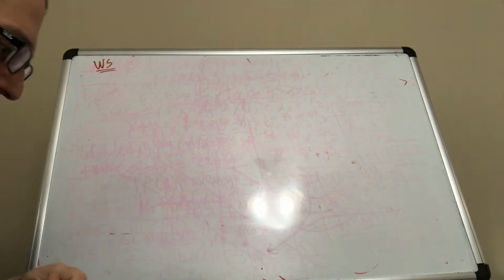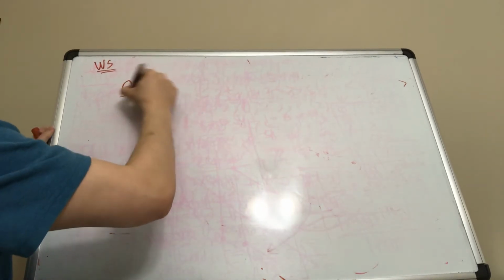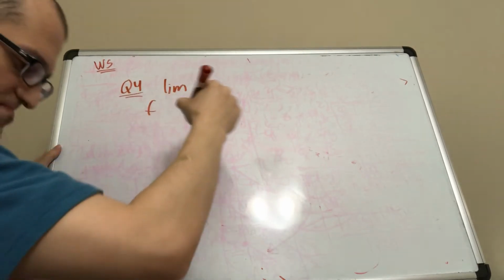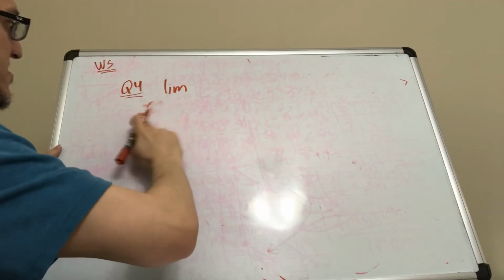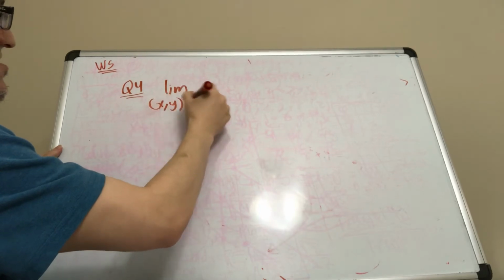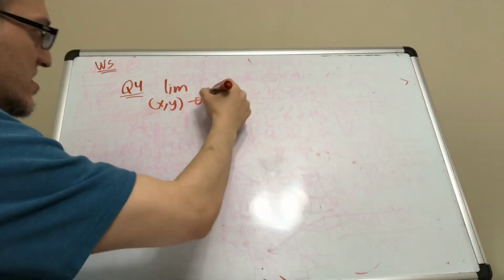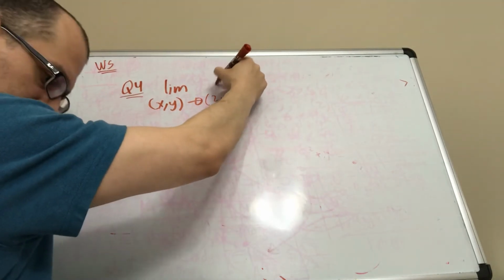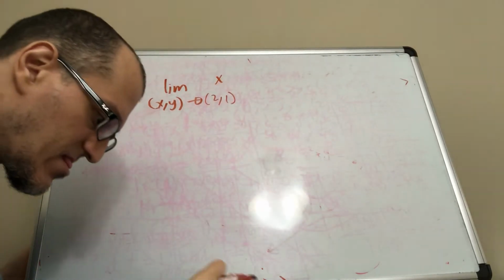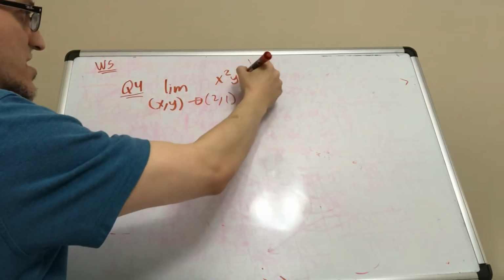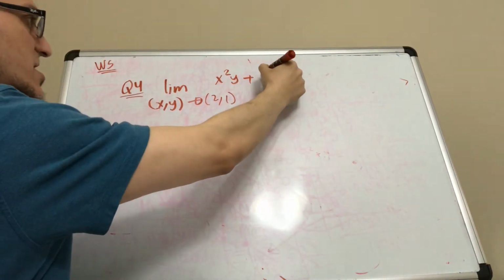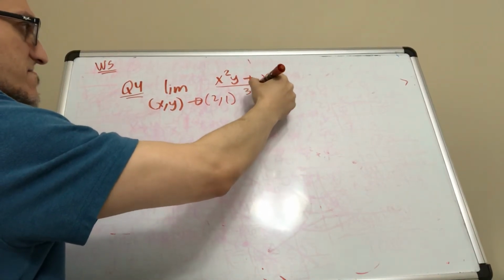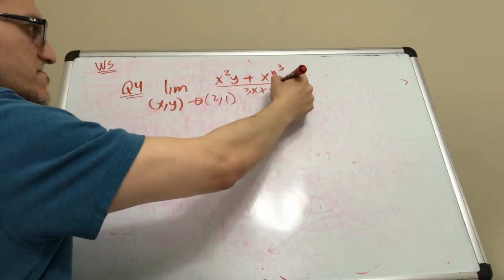The first limit question, question 4: find the limit as x, y approach 2, 1 of x squared y plus x y cubed, and in the bottom it's 3x plus y squared.